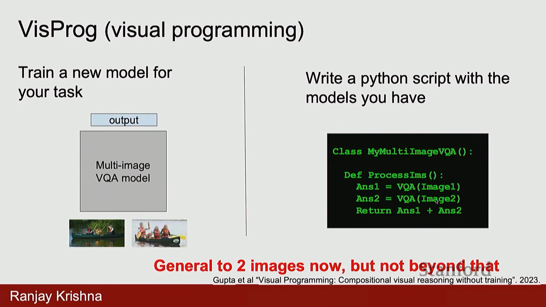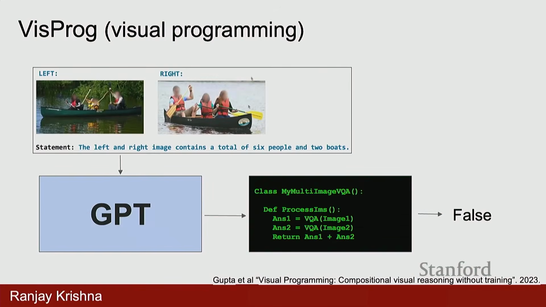So you write a function in Python, and in that Python function, you have individual calls to other models that we've already seen in training. For example, when deciding if this statement is true or not, the left and right images contain a total of 6 people and 2 boats, you can ask GPT to actually create a program that tries to answer this question. And then you can take the answer from its program.